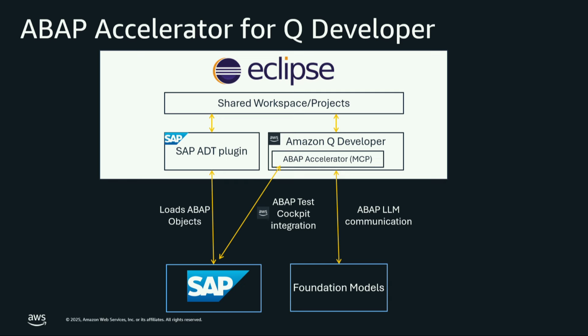Whenever we ask Q Developer to write code, let's say in Node.js or in Python, it creates the files in local packages, compiles them, and then we do a git push to the repos. For ABAP development, the code needs to be pushed into the ABAP SAP database. For that, we use ADT APIs in the ABAP Accelerator, which helps us to do that.